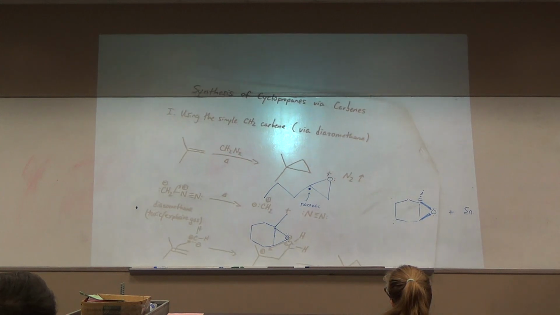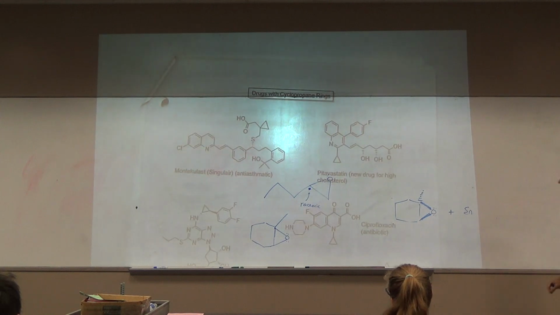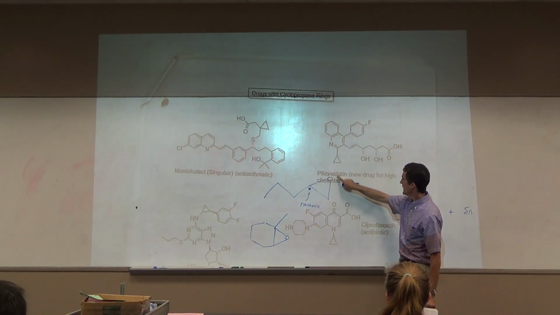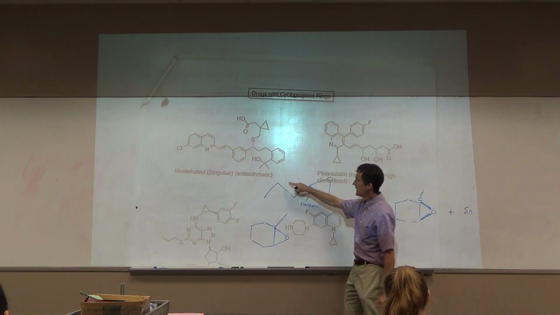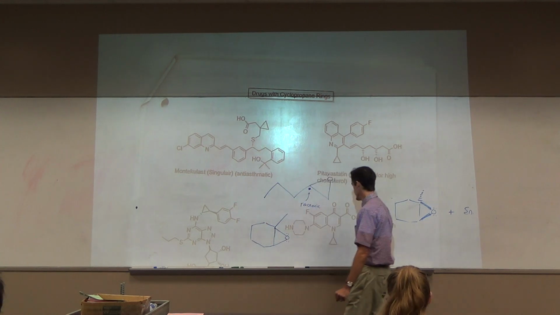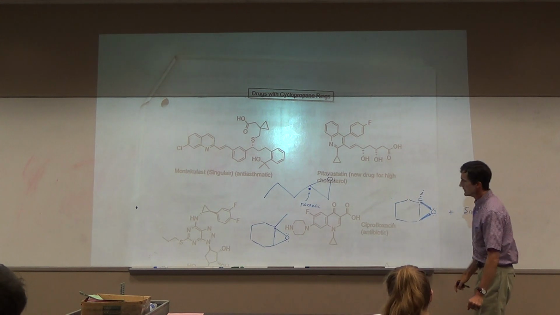These can be made from alkenes. There's actually a number of drugs that contain cyclopropane rings. Cholesterol drug here. Singulair. Anybody ever heard of Singulair? Cipro.